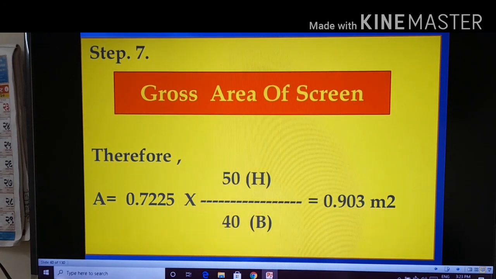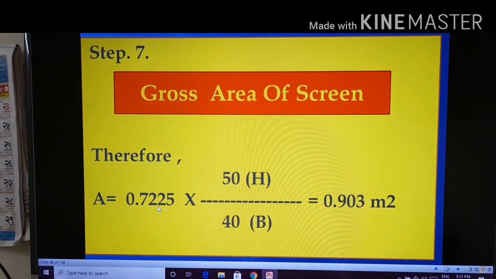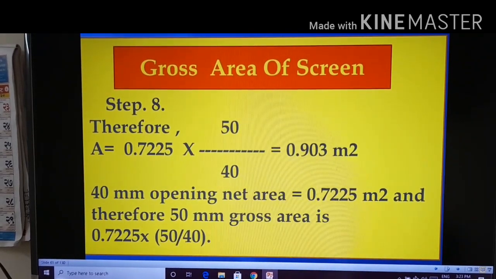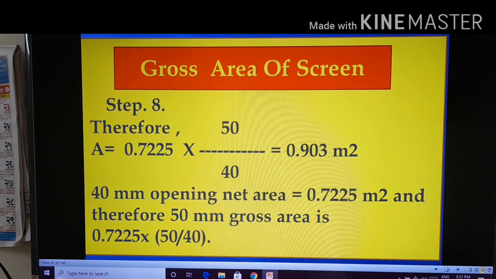That means you clearly understand that the net area is 0.72 and the gross area is 0.9, that is increased, right? Step 8. Therefore, we already got the value of the gross area of the screen, that is 0.903 meters square.